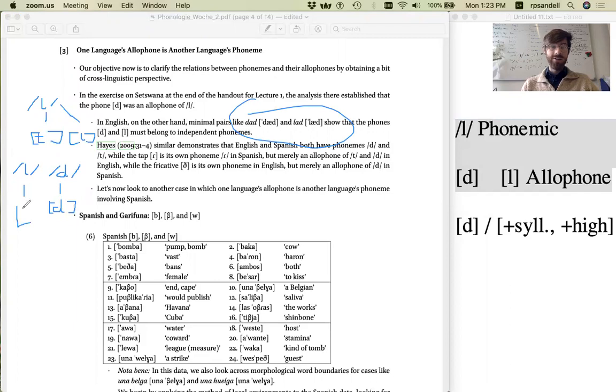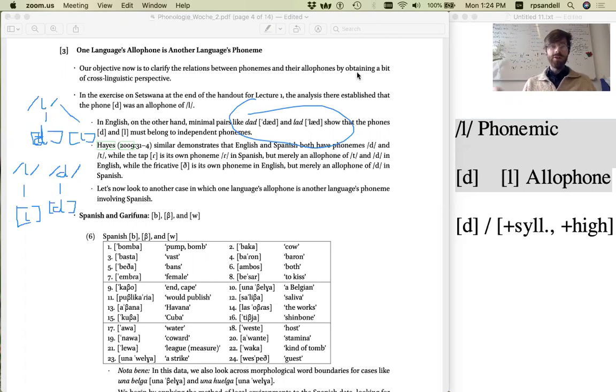So English has two phonemes corresponding to these two phones, la and da, whereas Setswana had two allophones. I guess that should be a da over there. I think I wrote a voiceless stop instead, whereas Setswana has allophones of a single phoneme.